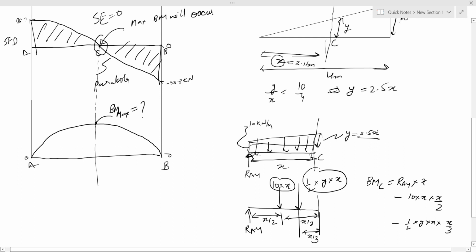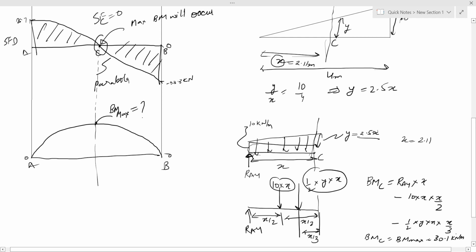After placing the value of Y as 2.5X and placing the value of X equals 2.11, we will get the value of bending moment at point C, equal to maximum bending moment, as 30.1 kilonewton meter.